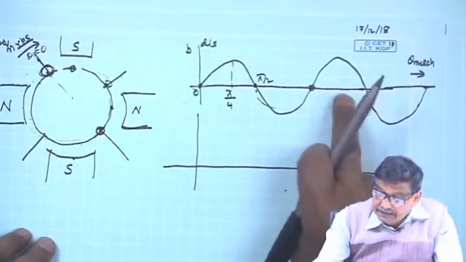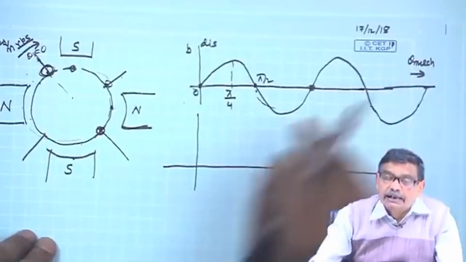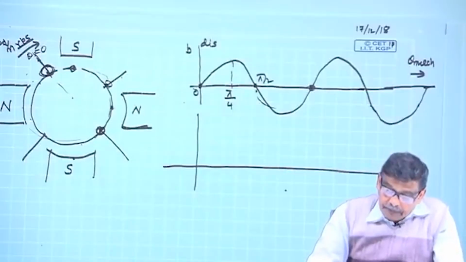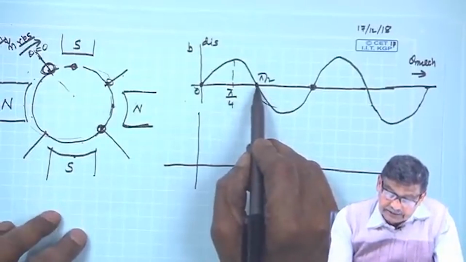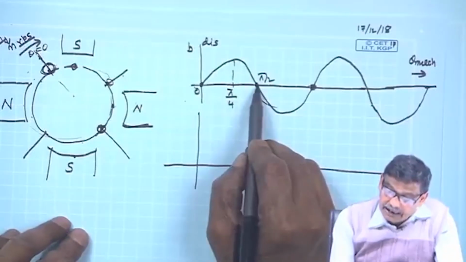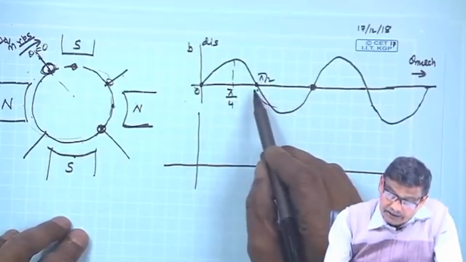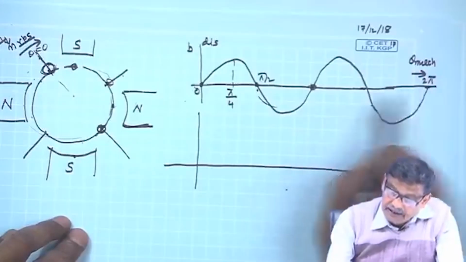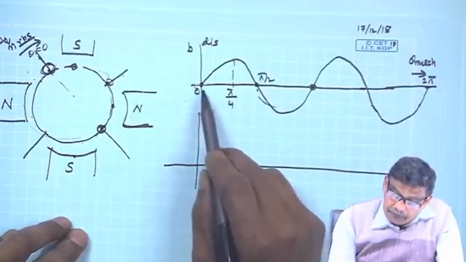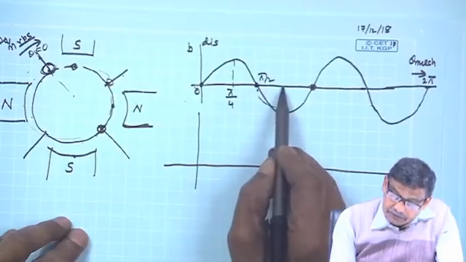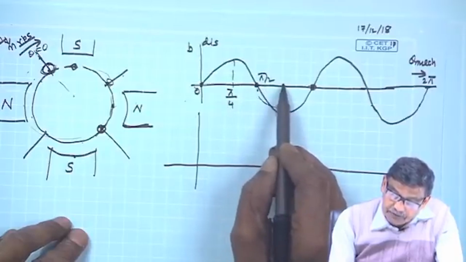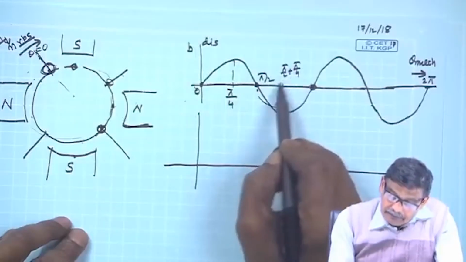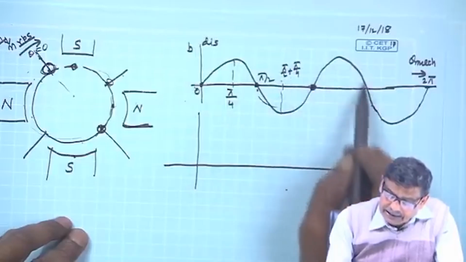This axis you indicate by theta mechanical angle, the angle the way we understand geometry. If you go on measuring like this, when this will be 2 pi here, you have got pi by 4, so pi by 2 plus another pi by 4, and this will be like that. I can indicate.